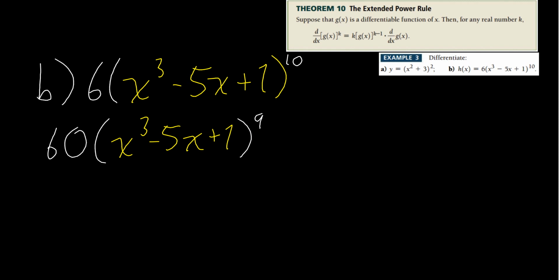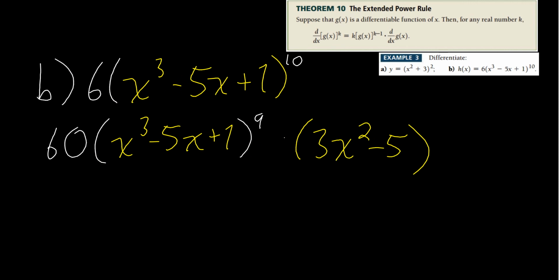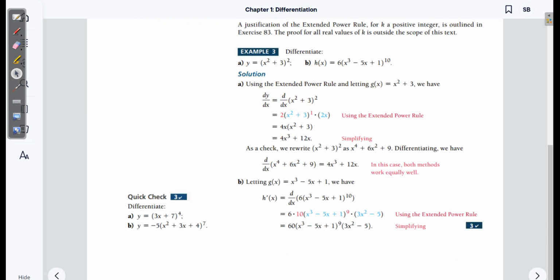Now we have to multiply by the derivative of what is inside the parentheses. That's going to be 3x squared minus 5, so times 3x squared minus 5. Just make sure I put them in parentheses. And that's it. That is the chain rule for that problem. Again, it gets worse, but it's just the way it is.